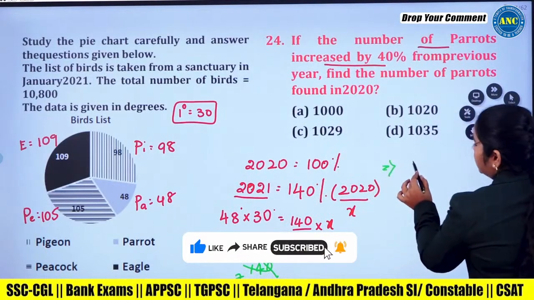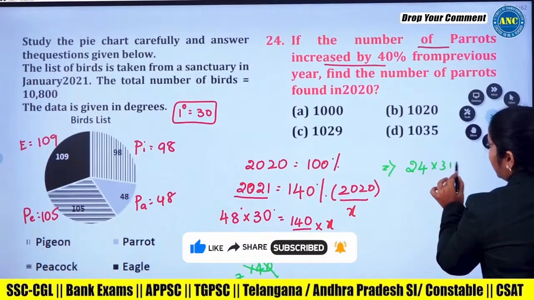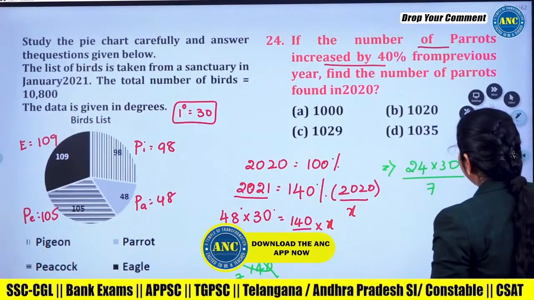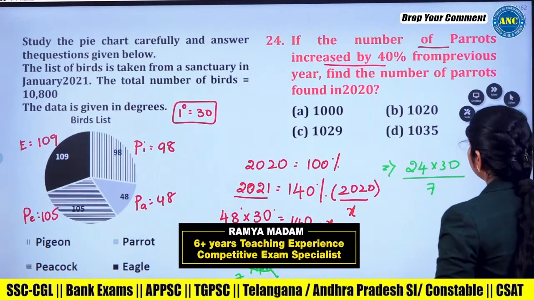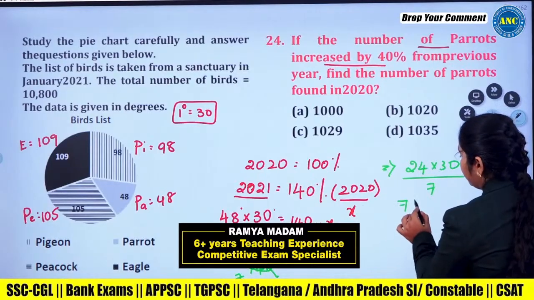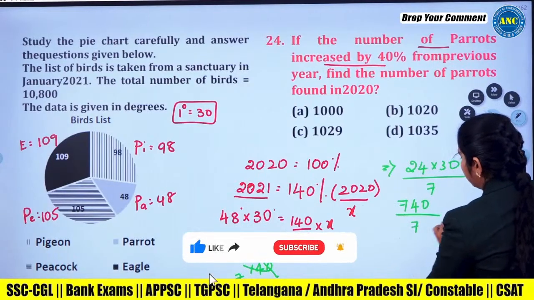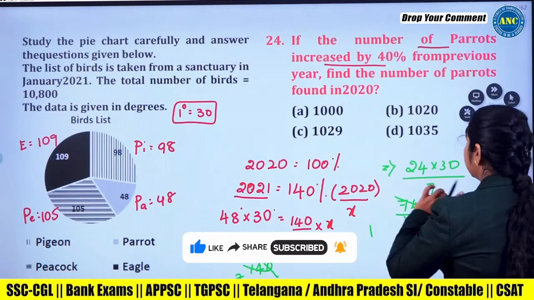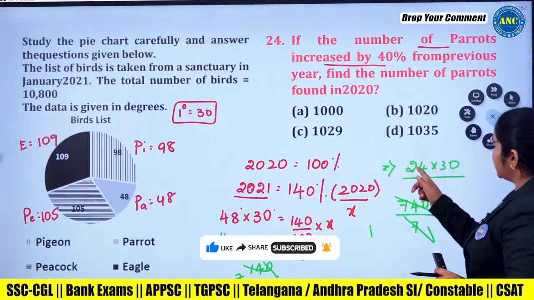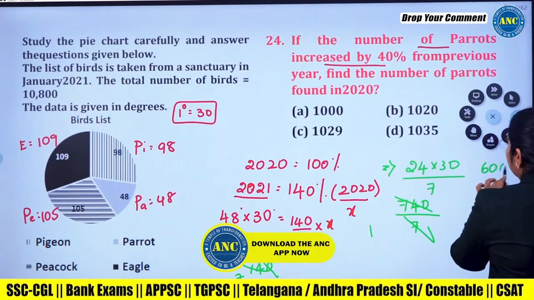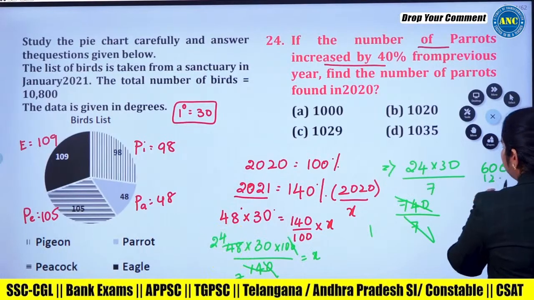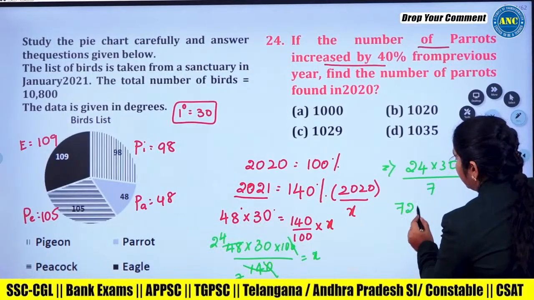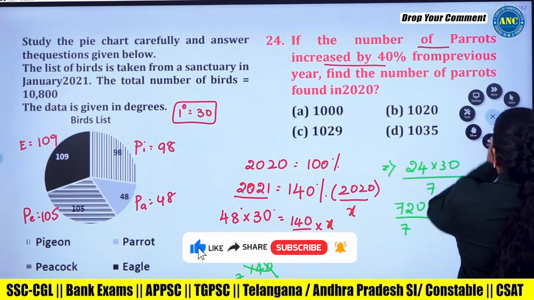So the value here is 24 into 30 by 7. 3 2s are 60, so it will be 600 plus 3 4s are 12, 120. So it's 720, not 740. 720 by 7.